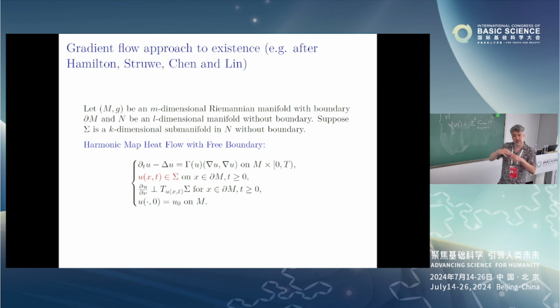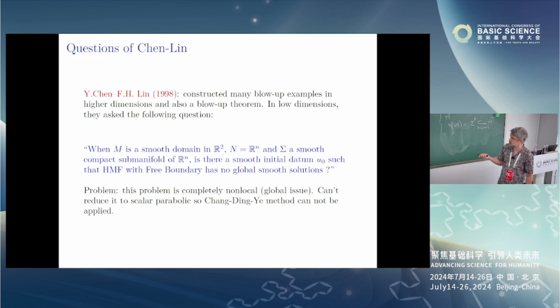If you remember what's happening in the case without boundary, Struwe developed a partial regularity result, right? And Chang, Ding, and Ye proved blow-up, okay? So Chen and Lin, looking at this flow, asked the following question.